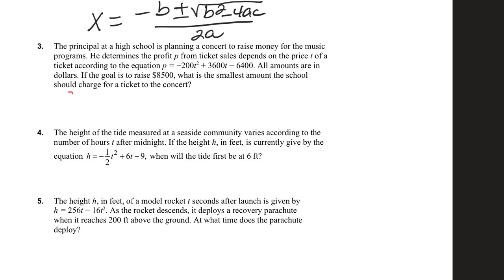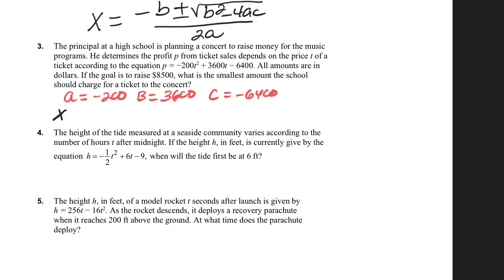You're going to let A equal -200, B is 3,600, and C equals -6,400. And then you want to put that into the quadratic formula.